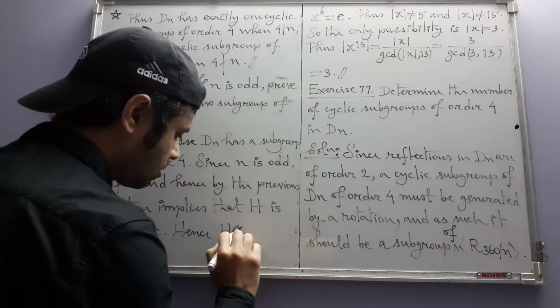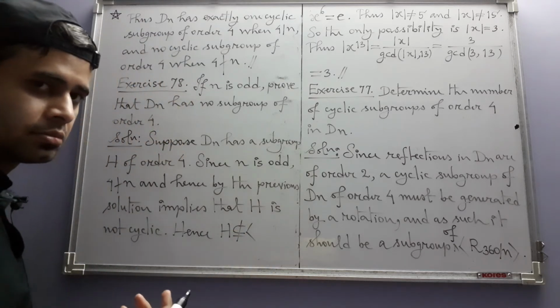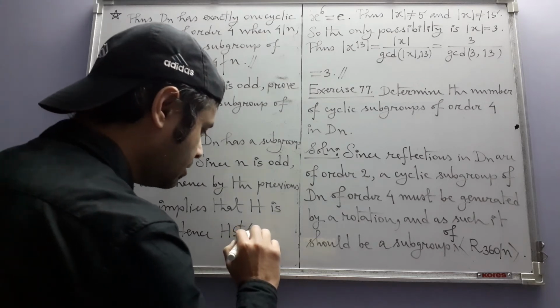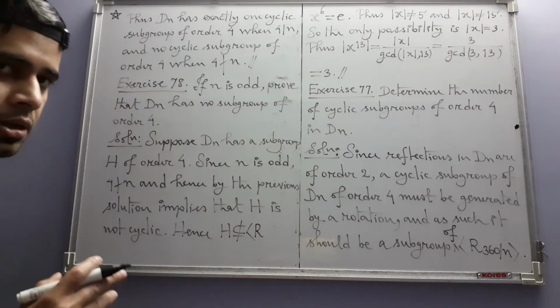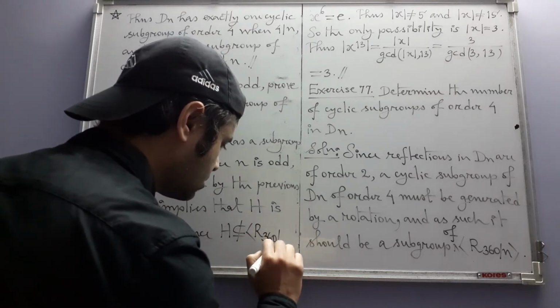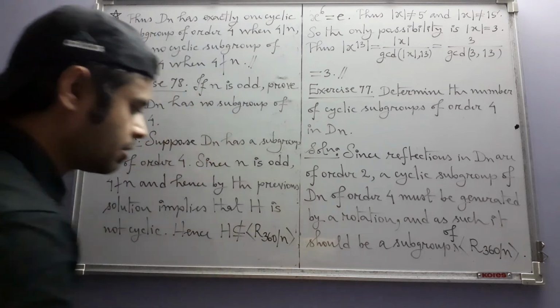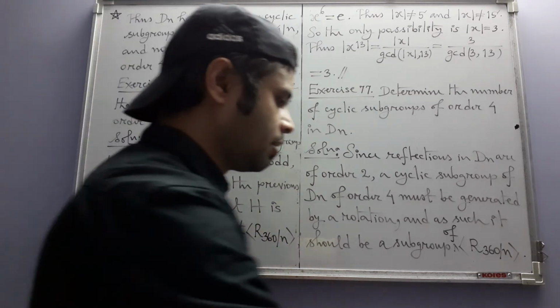H is not contained in the cyclic subgroup of order n in Dn, namely the group consisting of all the rotations, which is generated by this particular rotation, the smallest non-trivial one.